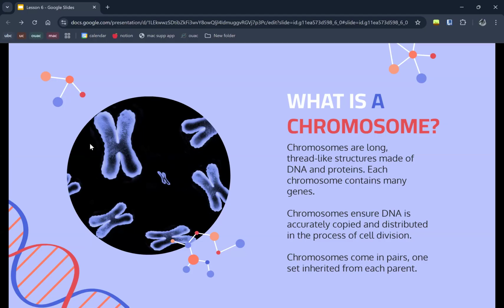The role of chromosomes is to ensure that DNA is accurately copied and distributed in the process of cell division, or the process of making new cells from existing cells. They help us pass genetic information from one generation to the next. In humans and many other organisms, chromosomes come in pairs, so one set of chromosomes is inherited from each parent.